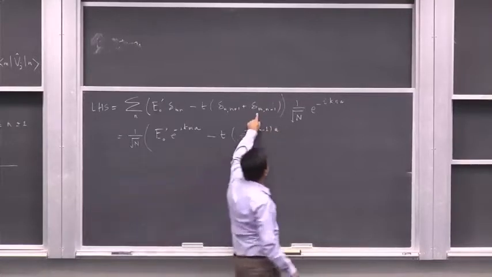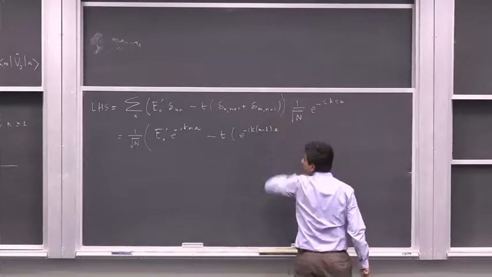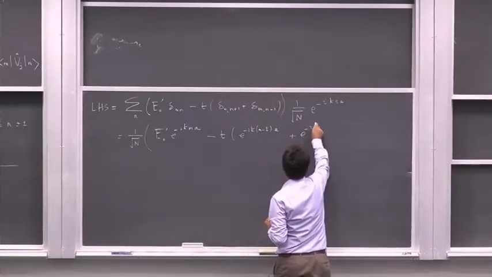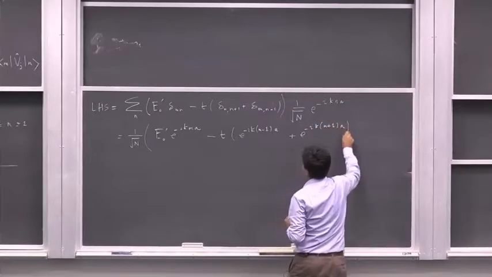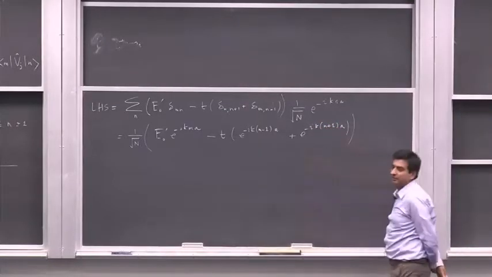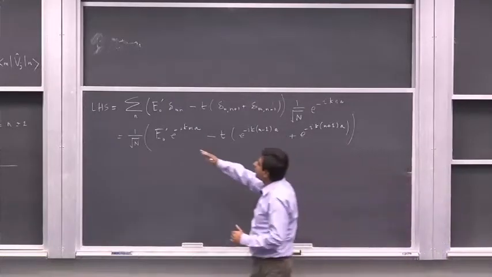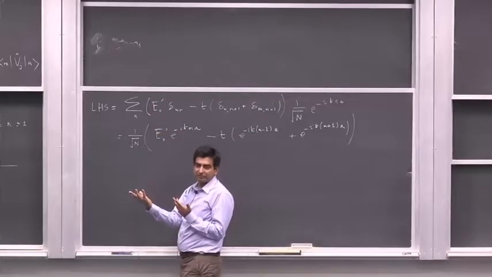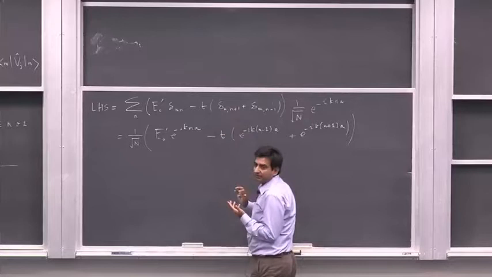Here I am picking up that value of n which is equal to m plus 1. So I get e to the minus i k (m plus 1) a. I'm summing up over all n's, but n must be equal to m, otherwise it's 0. Here n must be equal to m minus 1, otherwise it's 0.